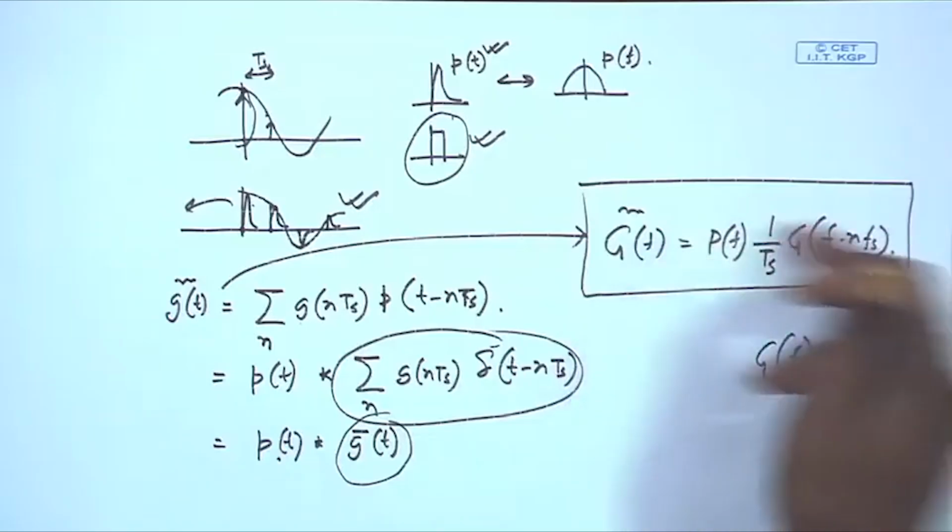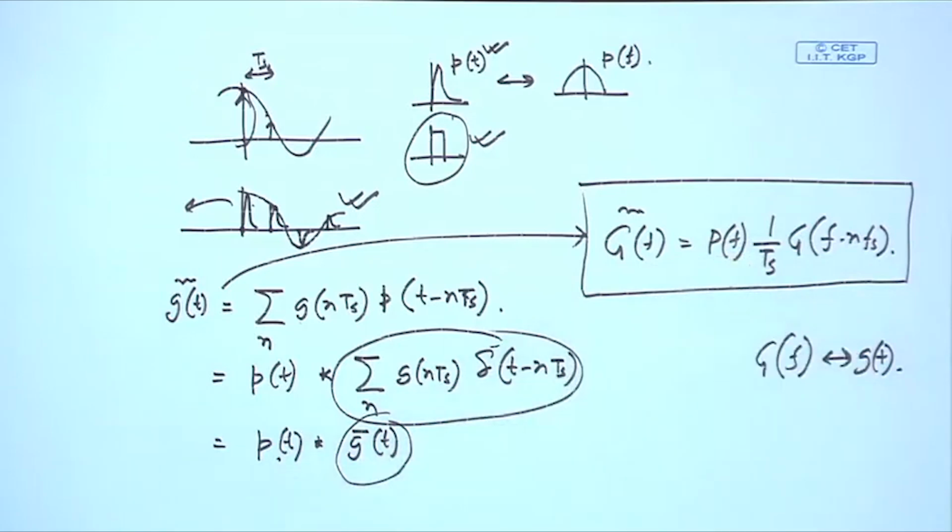Now we are seeing that if we have a non ideal or non impulse pulse train, then the overall Fourier transform has to be multiplied by the Fourier transform of that pulse.